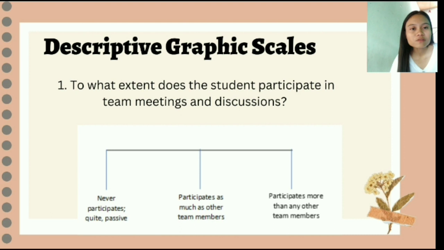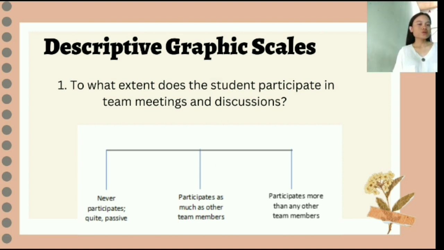We have here never participates or quite passive, participates as much as other team members, and participates more than any other team members. So that was a great example of a descriptive graphic scale.